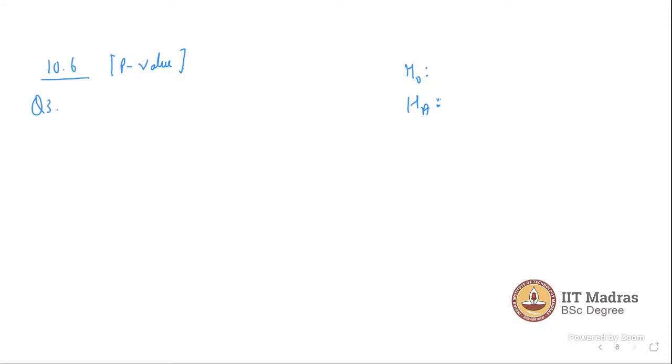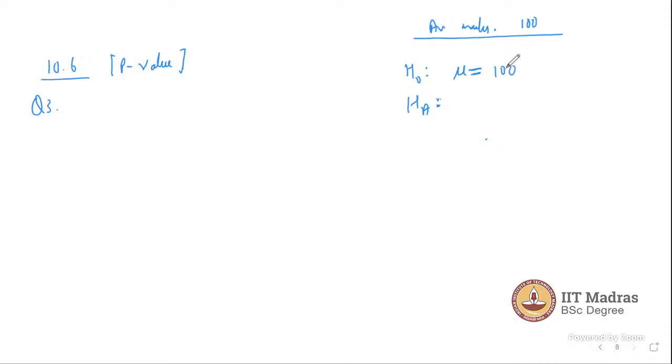Actually, that's not the question. It's a coin question. I was trying to explain the null and alternative hypothesis. This is an example I have taken. If the statement given to you is that the average marks obtained is 100, we assume this to be true. So my null hypothesis is mu equals 100.